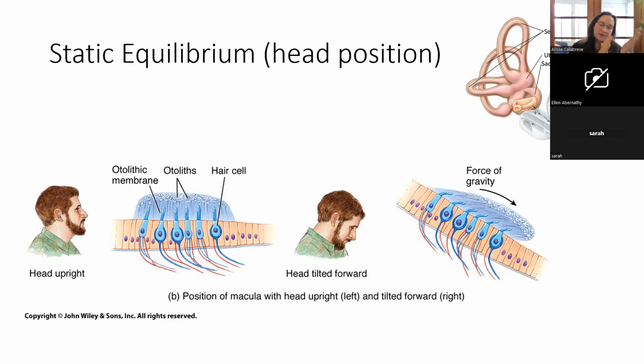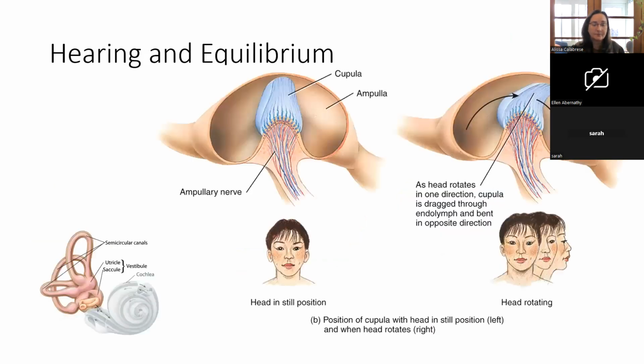So if your head goes from one side to the other, those little ear stones are going to roll from one side to the other. As they're doing that, they trigger little tiny hair cells, little neurons, and let your brain know that the head has changed position. So that's static equilibrium, just changes in the position of the head, using gravity as a way to interpret that.